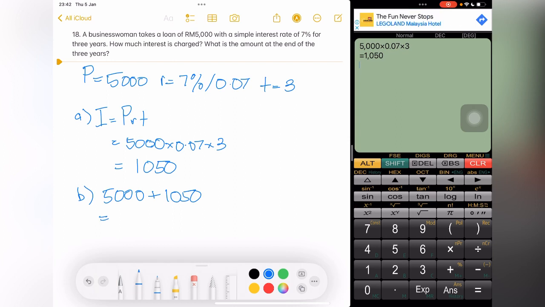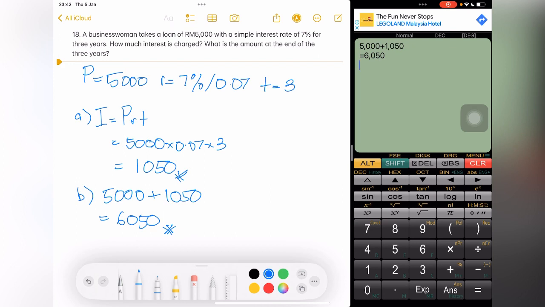So the final amount at the end of the 3 years is 5,000 plus 1,050, which is 6,050. So this is the answer for the first question, and this is the answer for the second question. So that's all for this question.